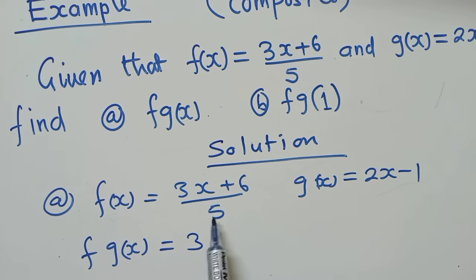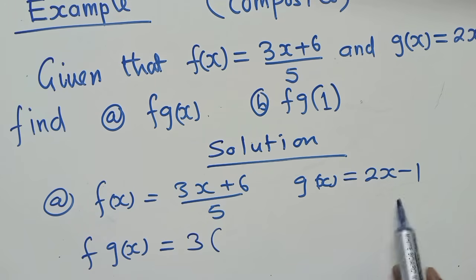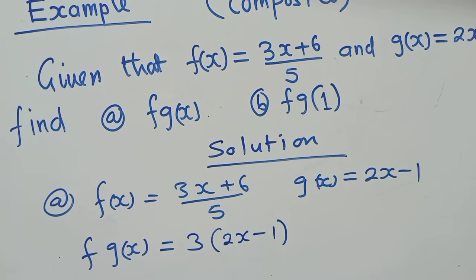So we write everything that we're able to see except this x. This x, we're not going to write it. Instead of writing this x, or wherever you're able to see x this side, we'll put this function here. So it will be 2x minus 1. How do you tell that this is a function which should be swallowed? You check which one is starting. In this case, you have f of x.